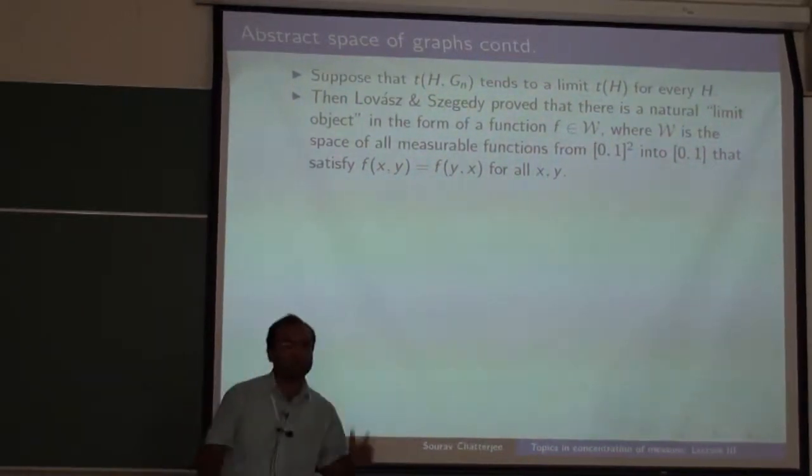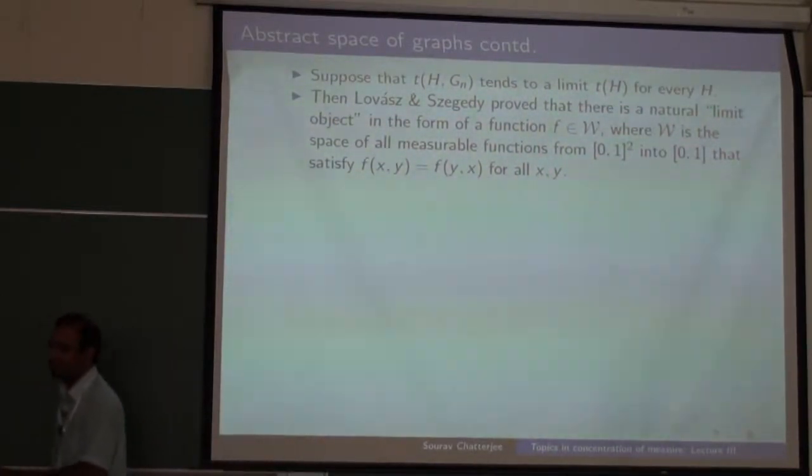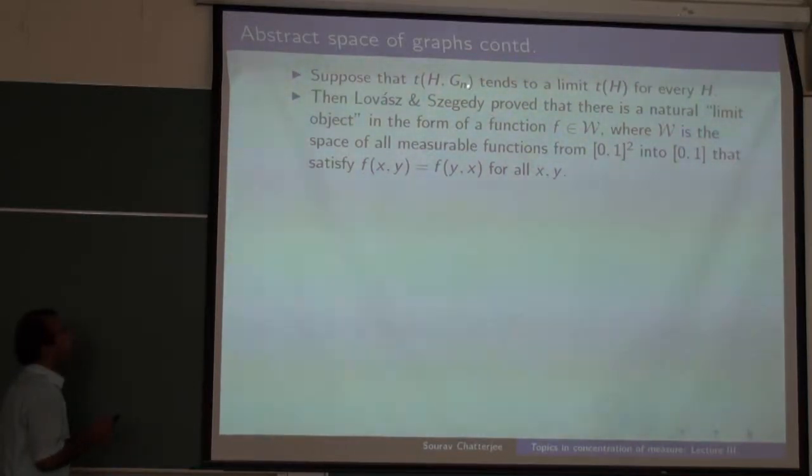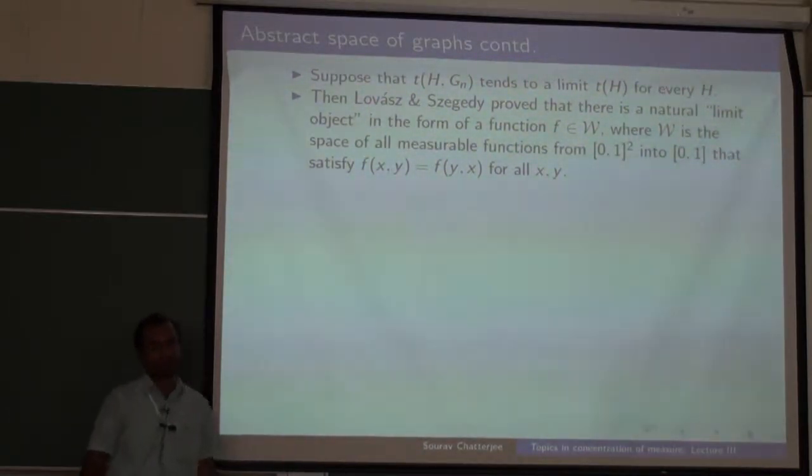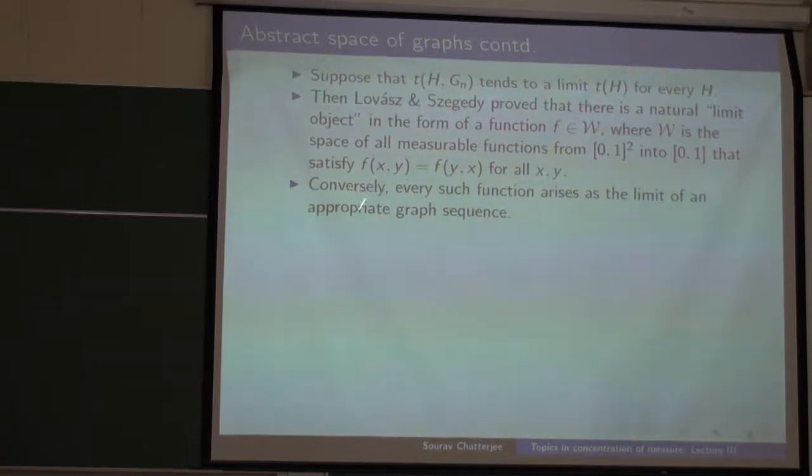So it's a simple space: all measurable functions on the unit square taking values in [0,1] with f(x,y) equals f(y,x). Whenever the homomorphism densities converge to limits, you can describe the limit of the graph sequence in the form of a function. They also showed that any such function arises as the limit of an appropriate graph sequence.